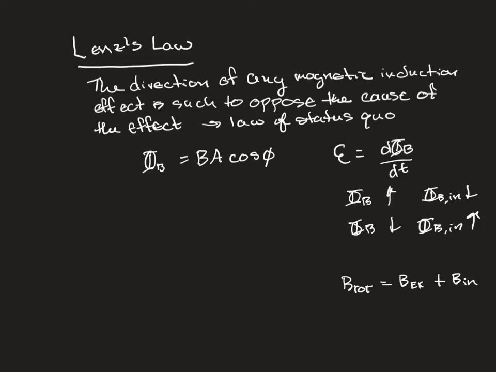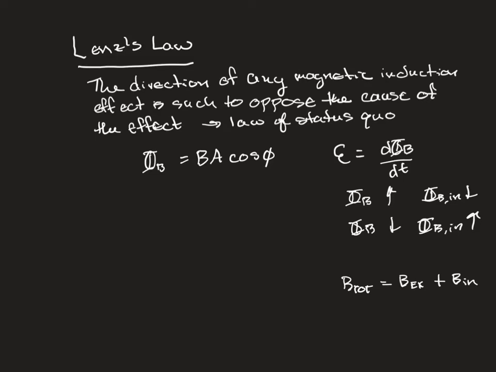So if whatever you're varying in order to induce the current causes the flux to increase, the induced flux is going to be in the opposite direction or cause a decrease in order to return it back to its status quo flux. And if whatever is changing to induce the current causes the magnetic flux to decrease, the induced magnetic flux due to that induced current is going to increase.